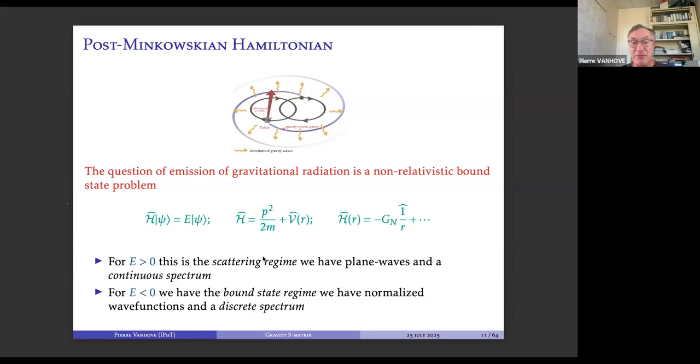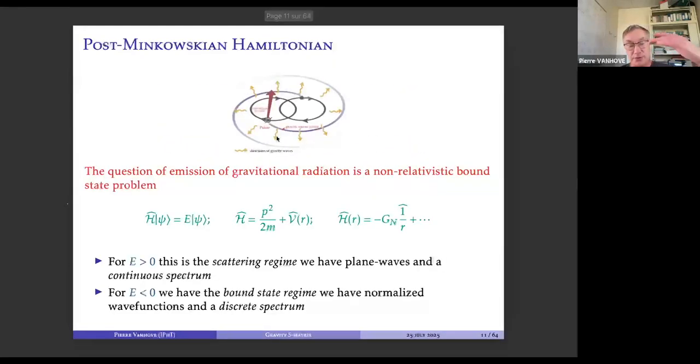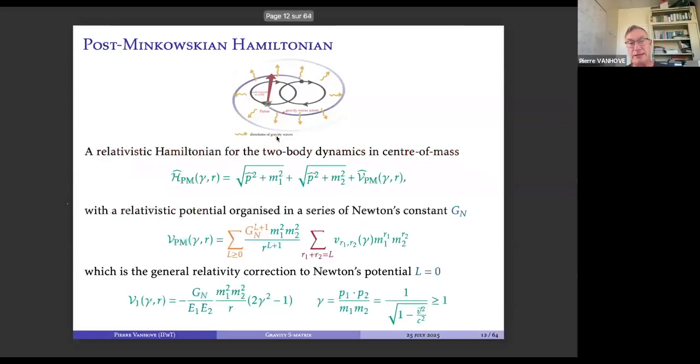The scattering regime means that you have plane waves and a continuous spectrum, but there is a way to convert this to the bound state regime, which is really the problem you want to solve. That goes through computing some specific observables, in particular the scattering angle, so that we can go from the scattering regime to the bound state regime. But okay, let's start.